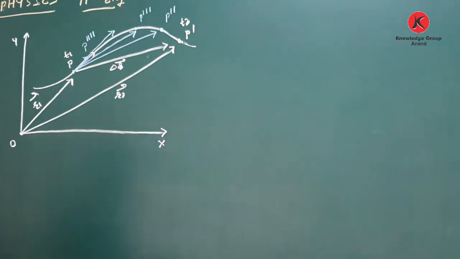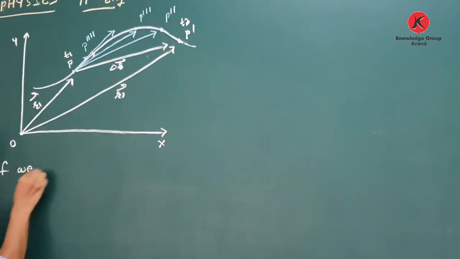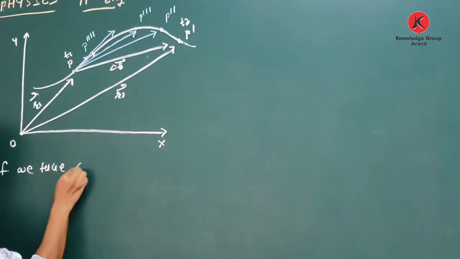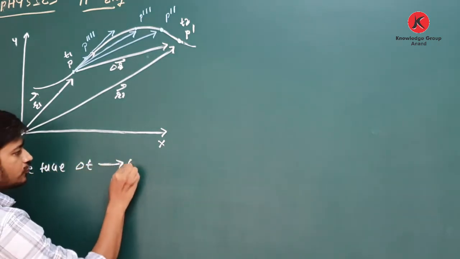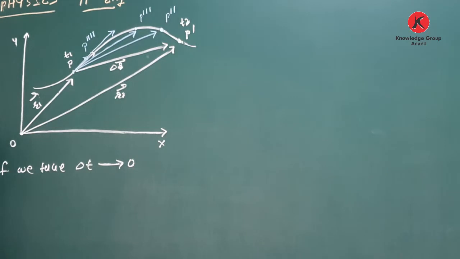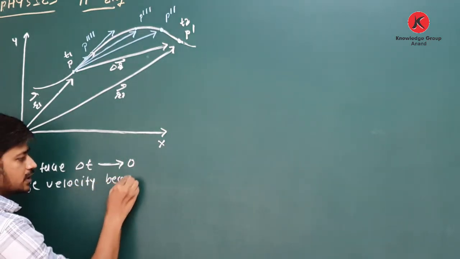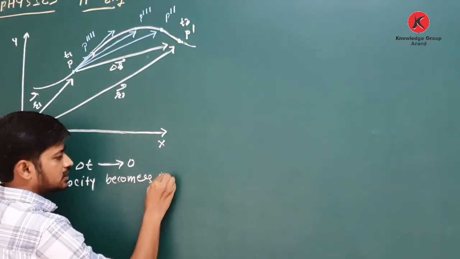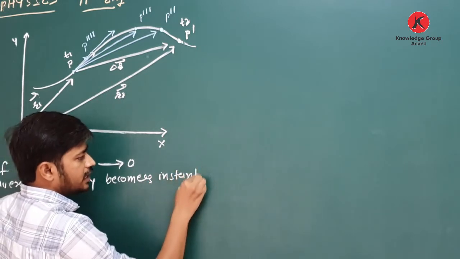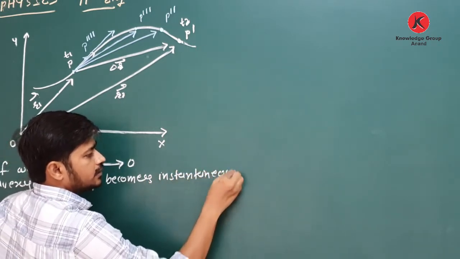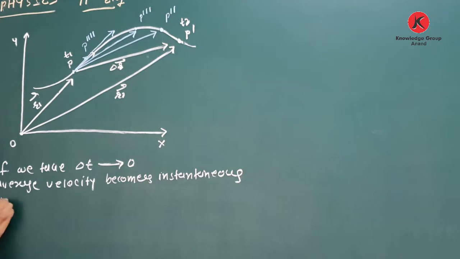So if we take delta t tends to 0, that is, a very small time interval, we can say average velocity becomes instantaneous velocity.